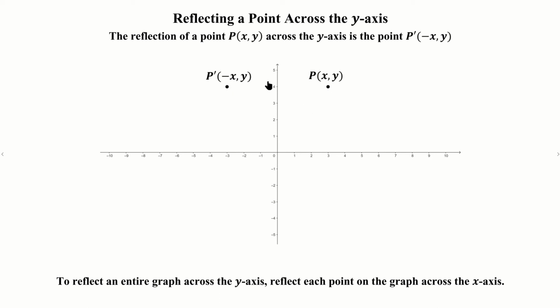This distance here was x, so you have to go to negative x here. If you want to reflect an entire graph across the y-axis, then you're going to reflect each point on the graph across the y-axis. So, typo here. All right.